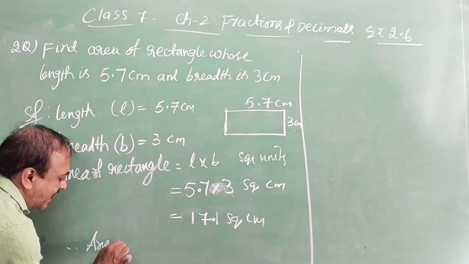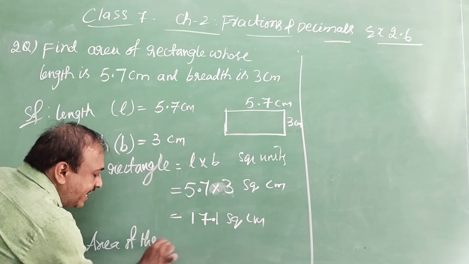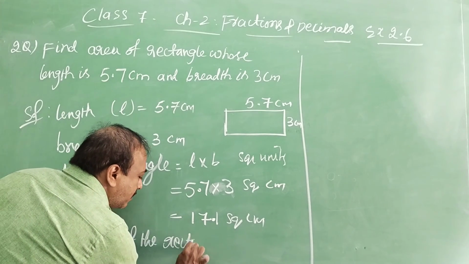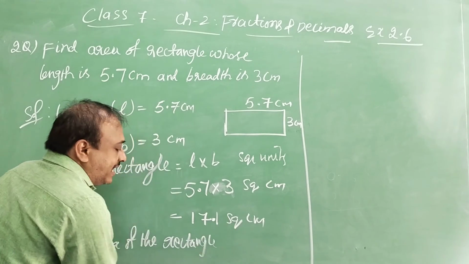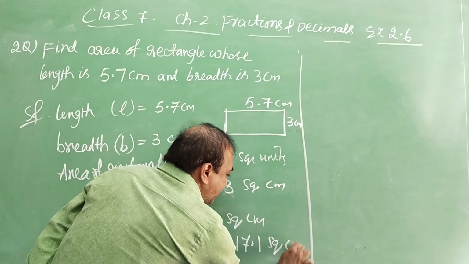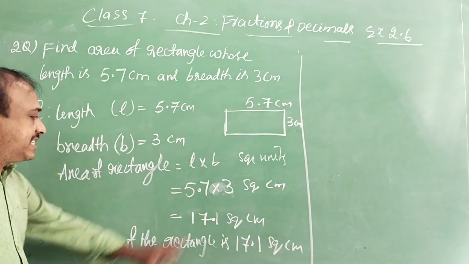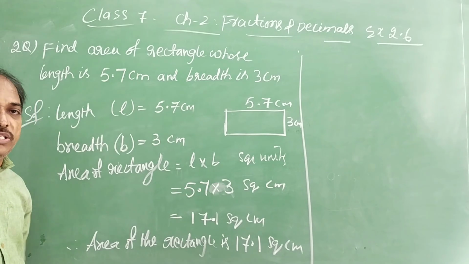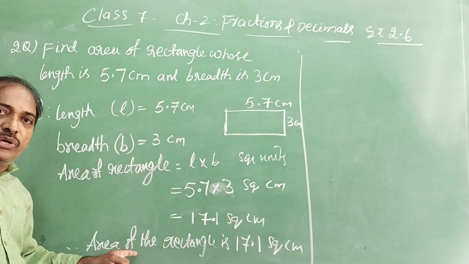Therefore, area of the rectangle is 17.1 square centimeters. Is it clear to you all?